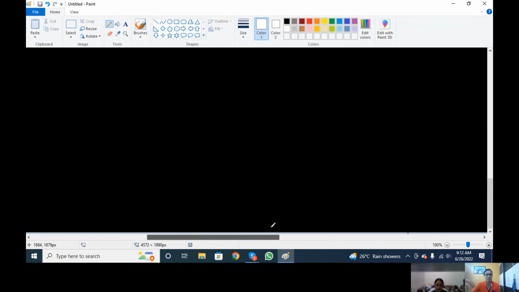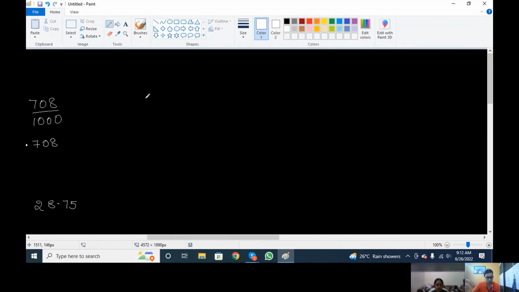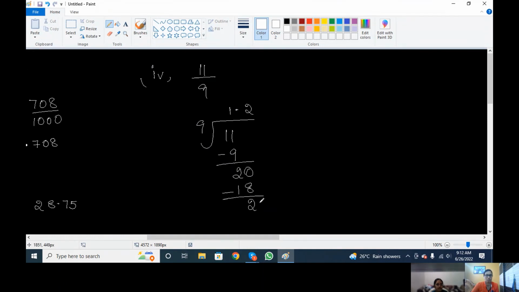Next, the last question in this bit. Let's divide and check what type of decimal it is. The fourth bit is 11/9. So let's divide. 9 ones are 9, 10, 11, remainder 2. Put a point, 0. 2 times 9 is 18, remainder 2. 20.